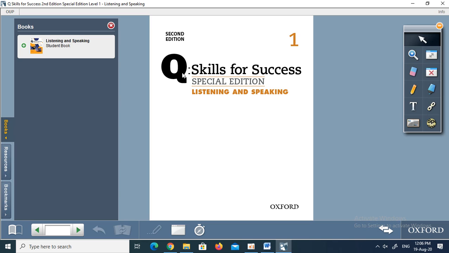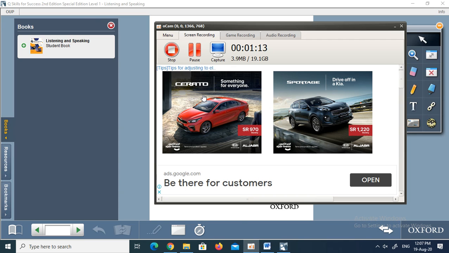So again, on your front cover, it should be Q Skills for Success, listening and speaking number 1, and it should be the orange book, as you can see on this picture in the top left-hand corner, an orange book. Okay, if you don't have the book, please pause the video and go and fetch it.